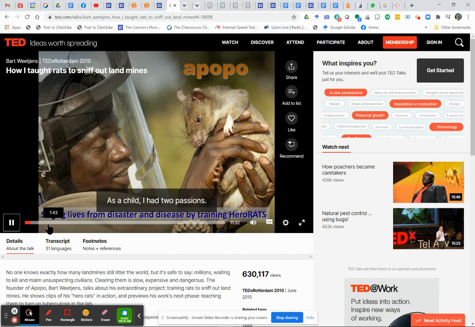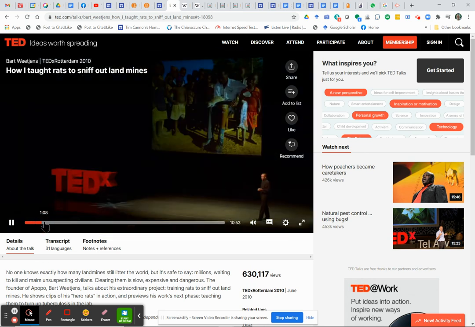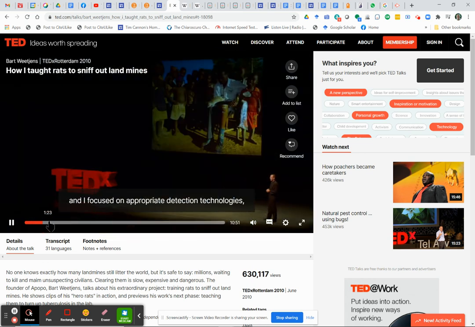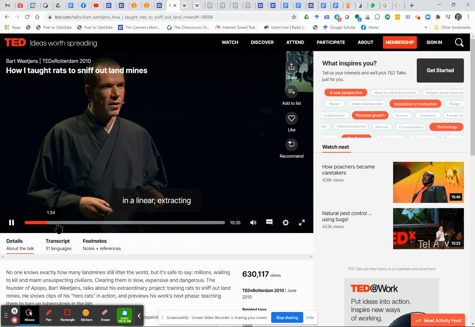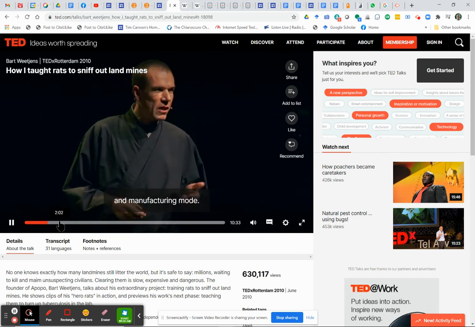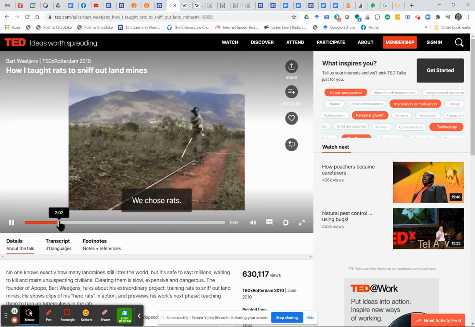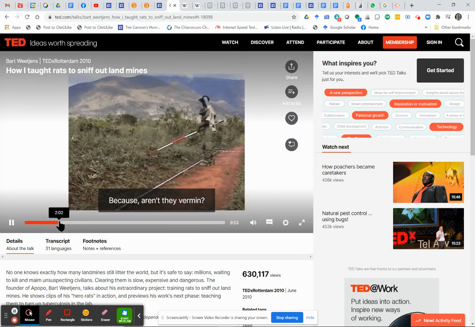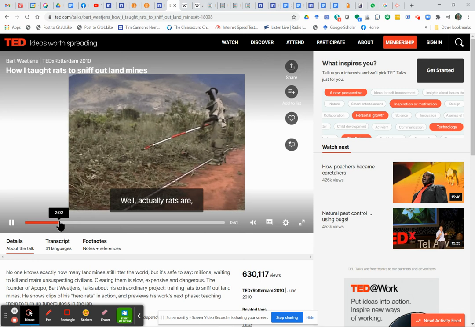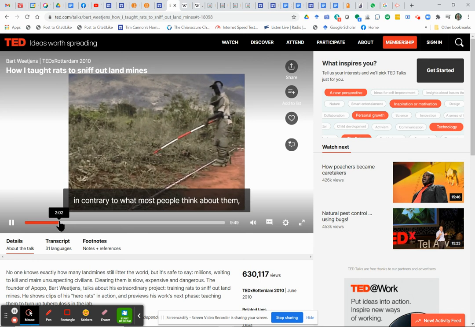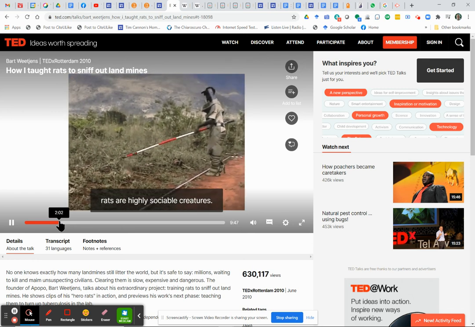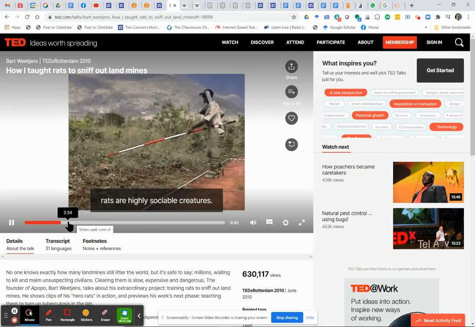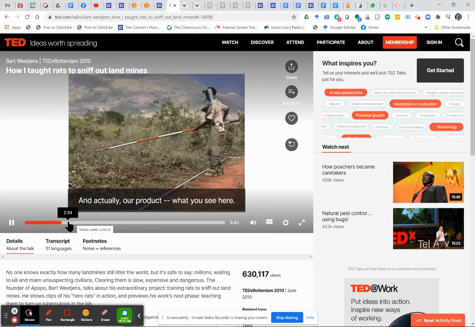As a child, I had two passions. One, rats, engineering, product development, and in a linear extracting and manufacturing mode. We chose rats. Why would you choose rats? Because aren't they vermin? Well, actually, in contrary to what most people think about them, rats are highly sociable, sensitive creatures. And actually, this is our product, what you see here.